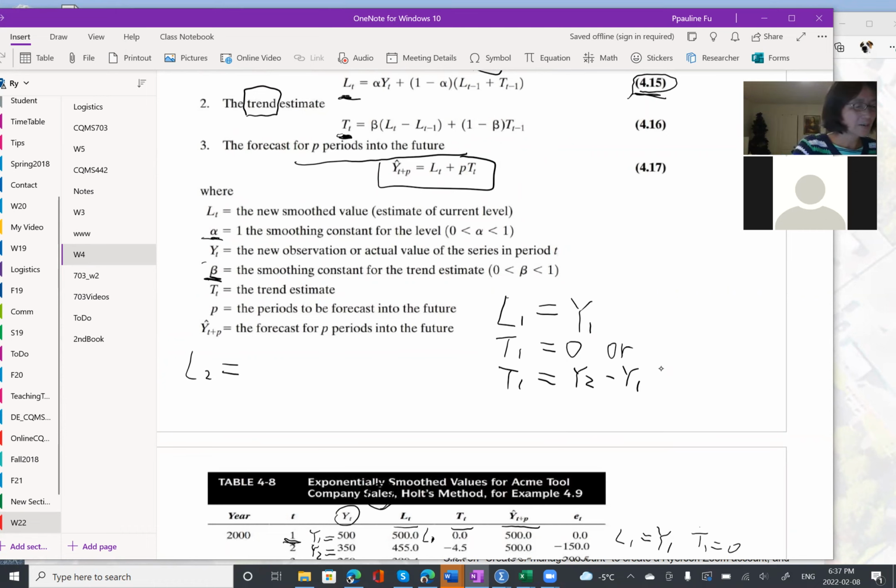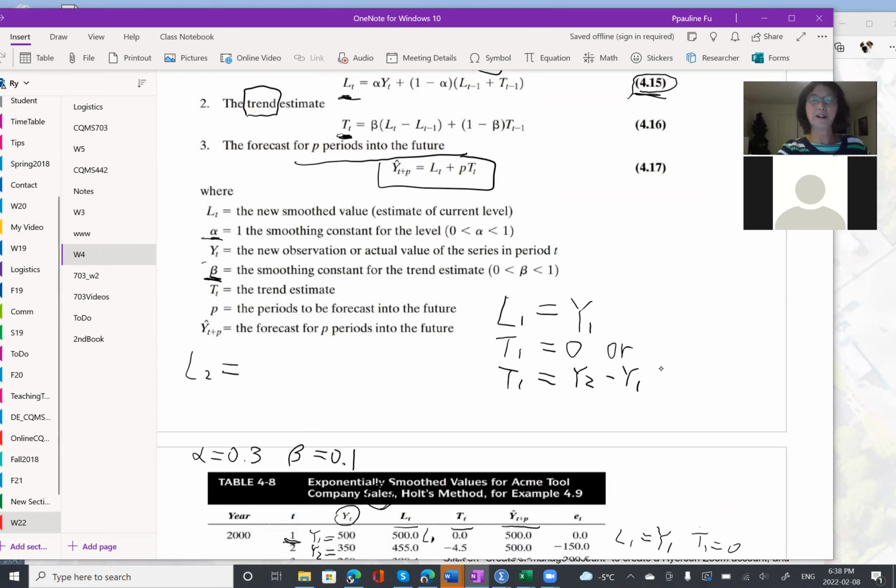Alpha is given. What is alpha here? Alpha is 0.3, okay, beta 0.1. Suppose this example is given alpha 0.3, beta 0.1.